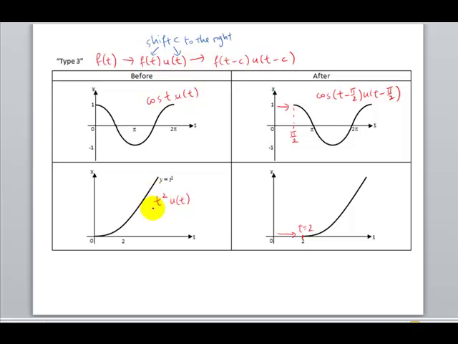So I'm going to take this and shift by 2 as well as shift by 2. So I will write it as (t minus 2) squared u(t minus 2). So this type represents the shifted graphs. So with this, I'm going to complete the examples in the lecture notes.